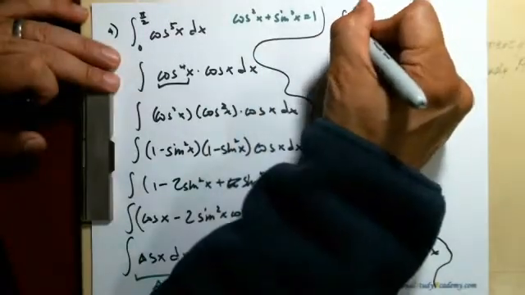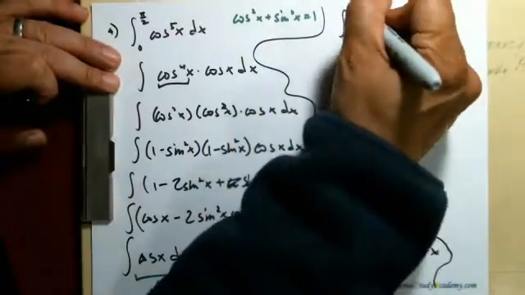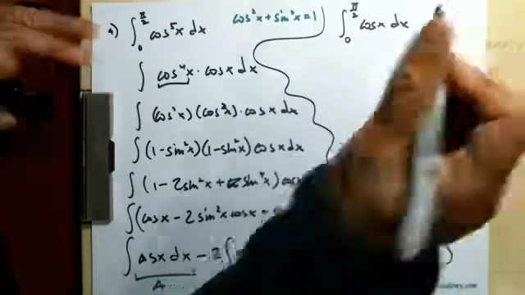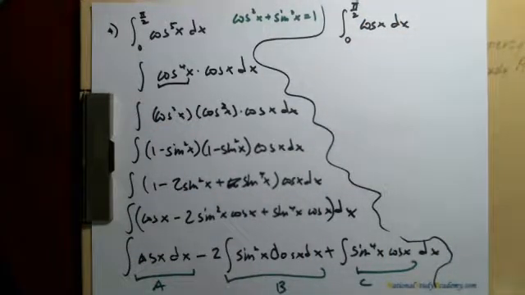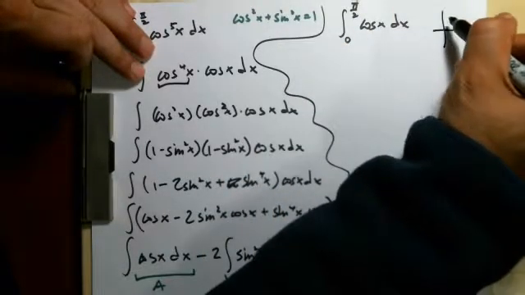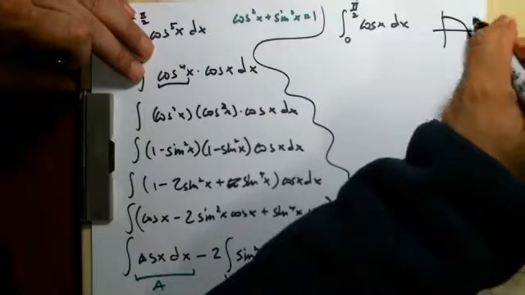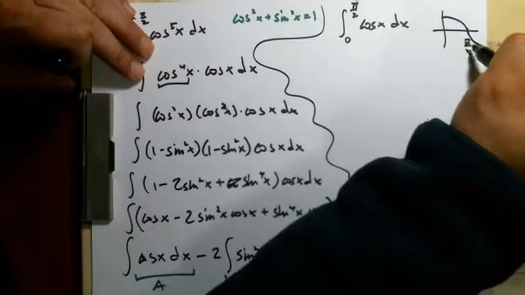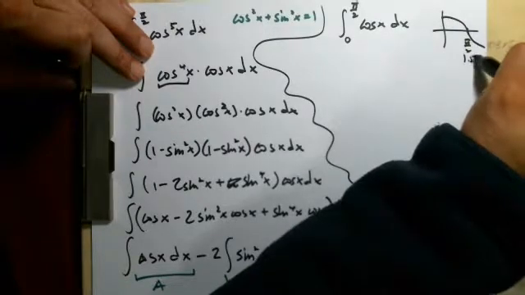The integral from 0 to pi over 2 of cosine of x dx. Well, first of all, we can graph this out. The cosine of x looks something like this. At pi over 2, this value is 1.57.